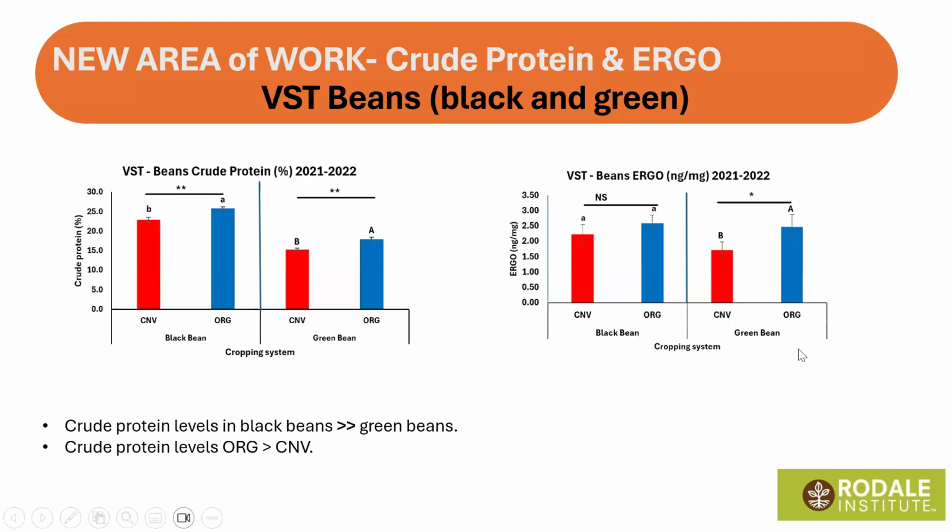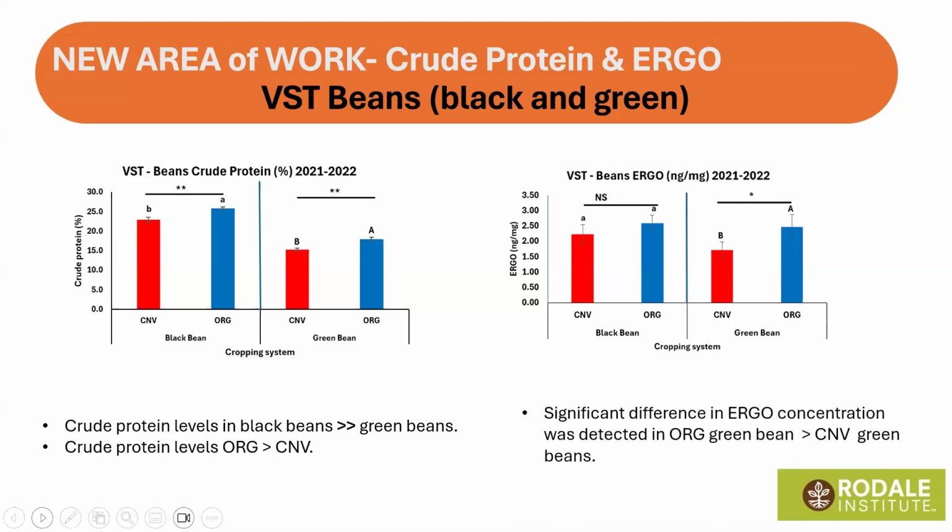That means by implementing more organic green beans, we could increase that level of ergothioneine. That's another indicator of how a cropping system improves crude protein as well as ergothioneine. Currently, I'm working on putting this research work into a publication, and hopefully it will be done by the end of this year, and next year it will be online.